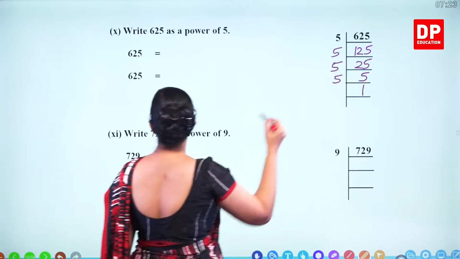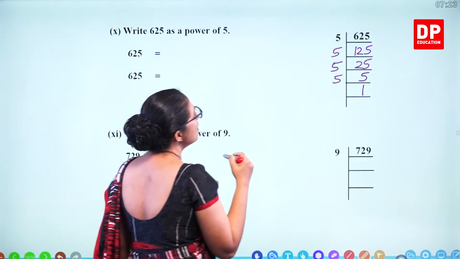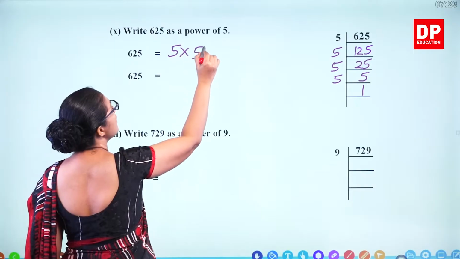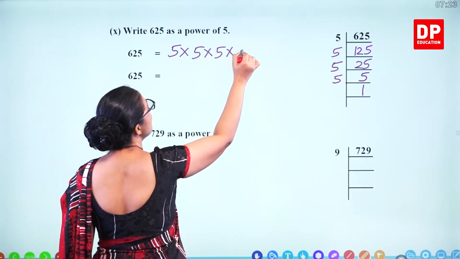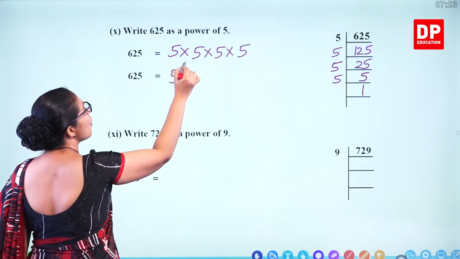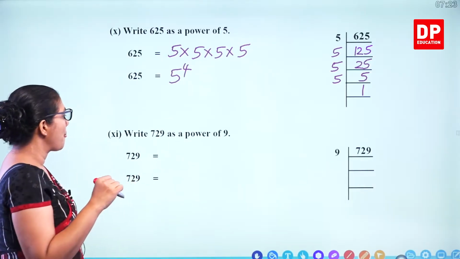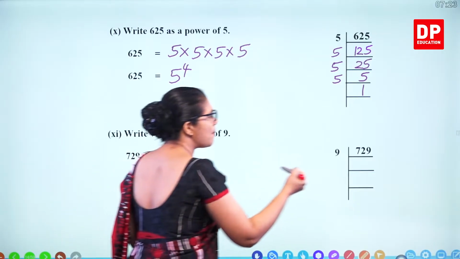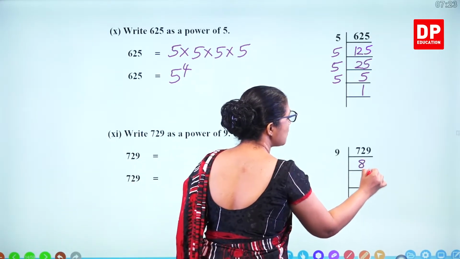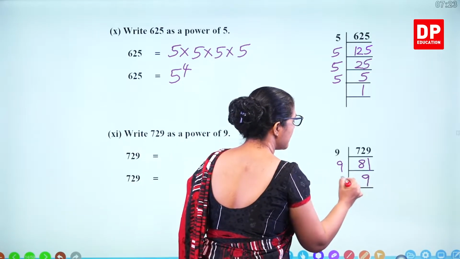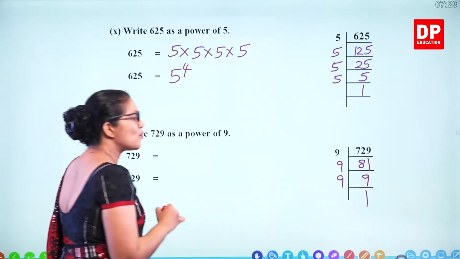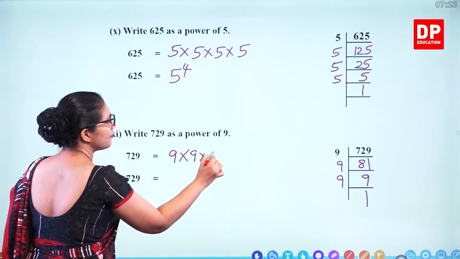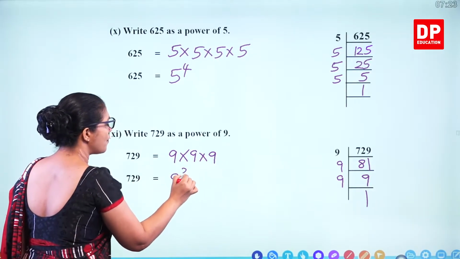So you get only 5 four times. 5 into 5 into 5 into 5. So 5 to the power of 4. Write 729 as a power of 9. Divide by 9. 9 times 8, 1. 9 times 9. Again divide by 9, you get 1. So 9 three times. 9 to the power of 3.